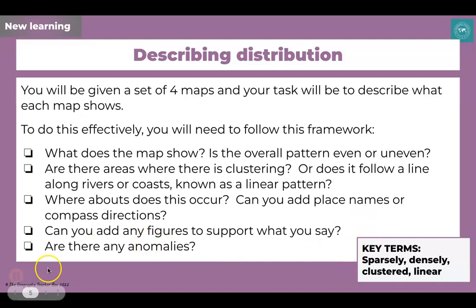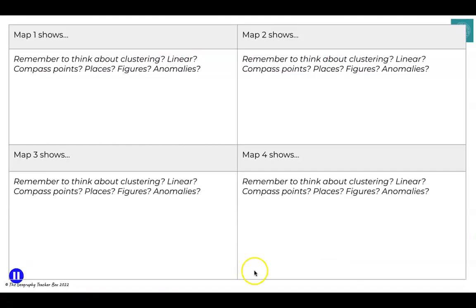Okay, so you're going to try and fill in a grid that looks something like this, and this will help you to try and focus on your description. So when you get to map 1, you can fill in at the top what it actually shows. So perhaps look at the title, and then you're going to describe what you can see on that map. So again, can you see clustering of whatever's being shown on that map? Is it following a linear pattern?